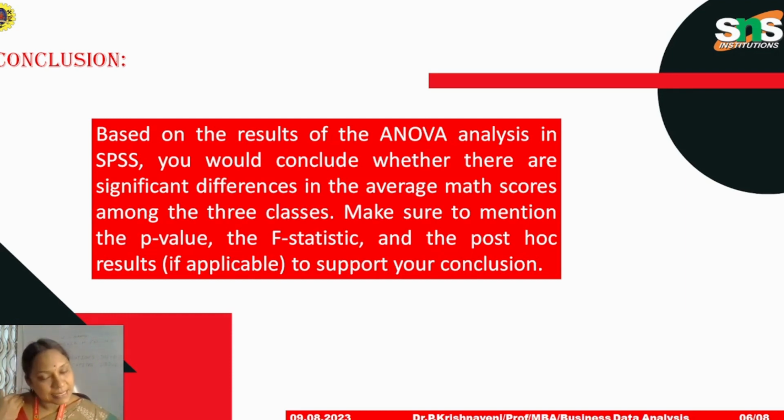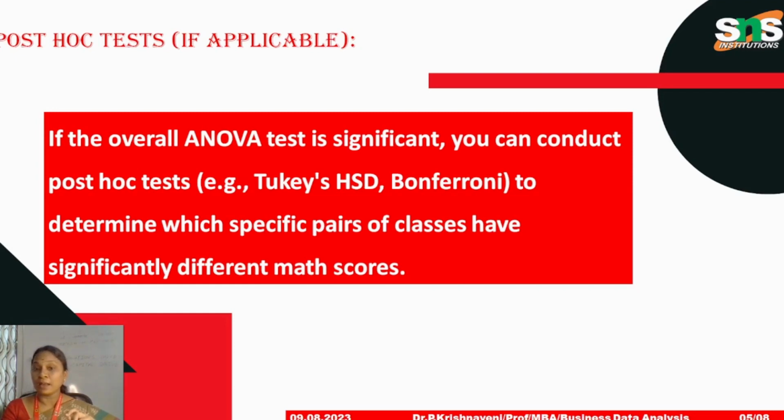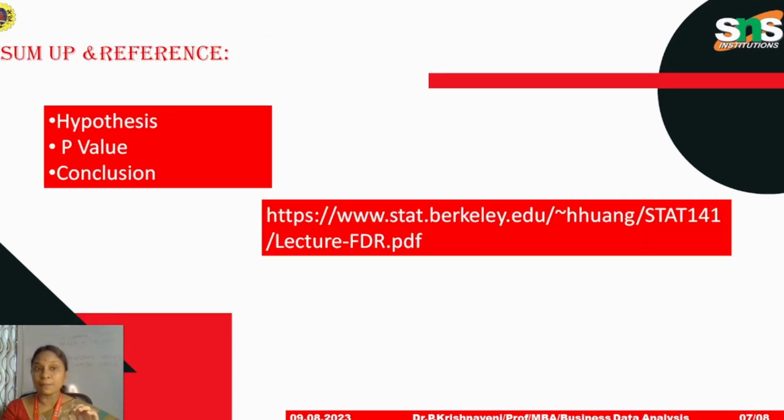In the next session, we will see how this data is to be entered into SPSS and how to retrieve the result. Today we saw something about the one way ANOVA and our null and alternate hypotheses. Our null hypothesis is that there is no significant difference in the average math score of the three classes, and the alternate hypothesis is that there is a significant difference in the average math score among the three classes.